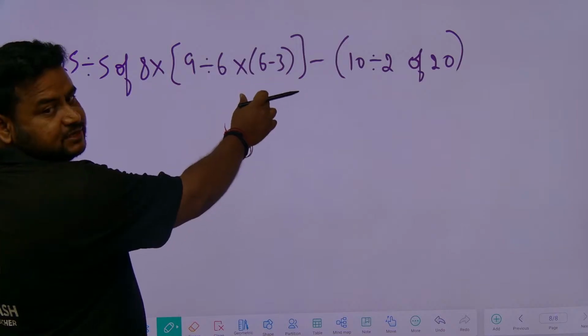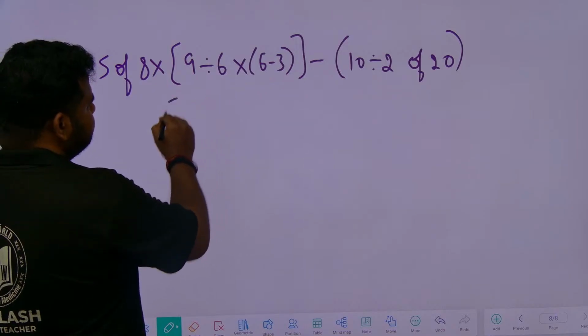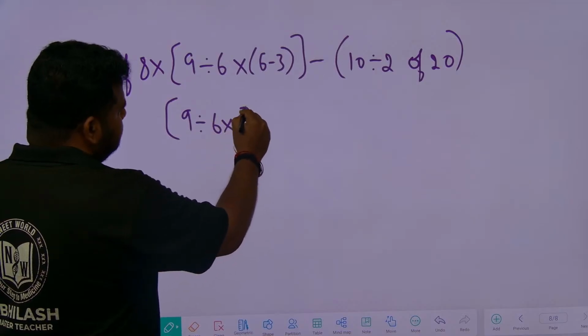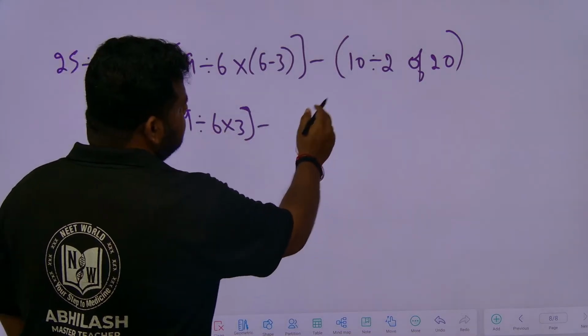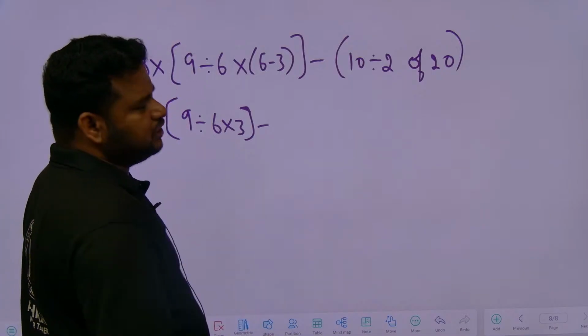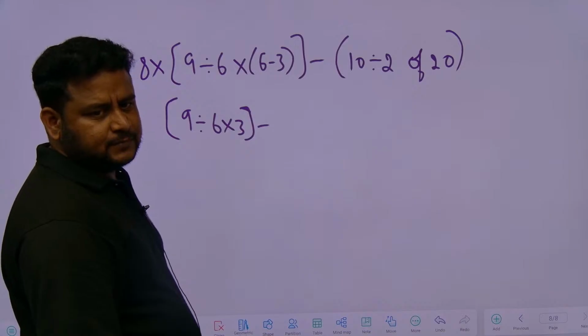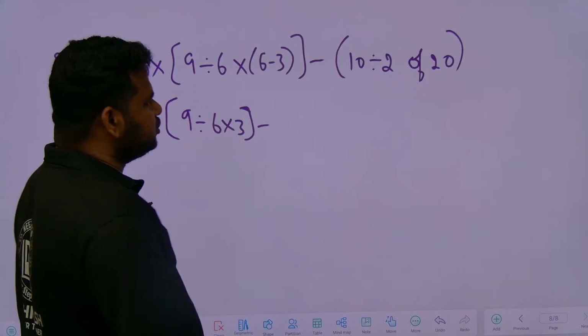First you will do 6 minus 3, what you will get? 3. So within this bracket you will get 9 divided by 6 into 3. Look at this one, 10 divided by 2 of 20. First I should do the of, which means 2 into 20. 2 multiplied by 20 is 40.